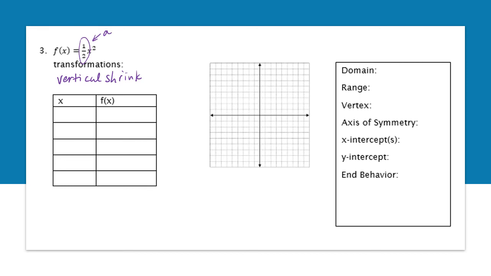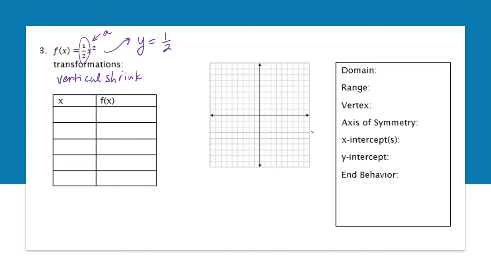Okay, so in order to get my vertex, normally I would say you take your h and k value, and that is still true. It's just strange now because we can't actually see the h and the k value. So what that means is that our h and our k values are both 0. And I'm going to rewrite this just so you can see the zeros, just so you know for next time where they come from.